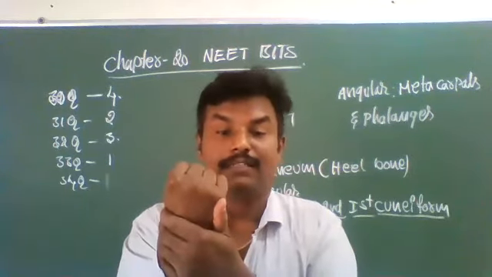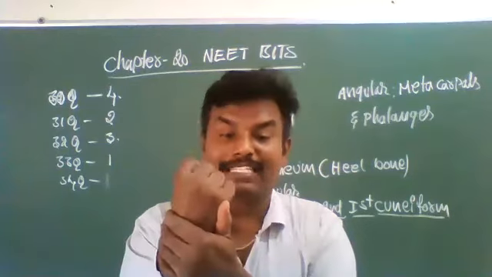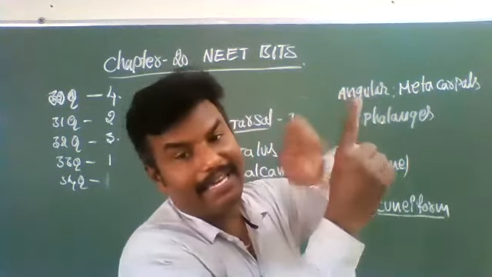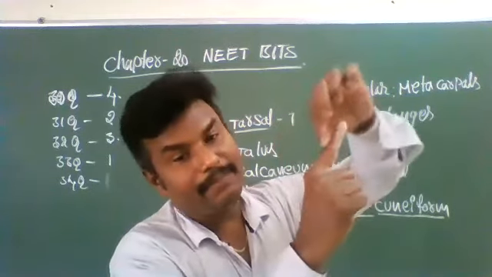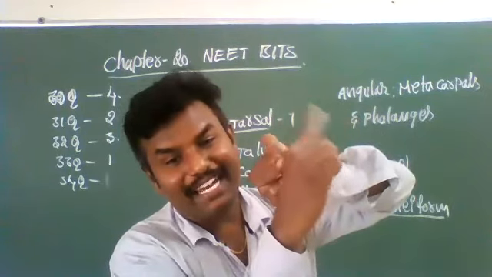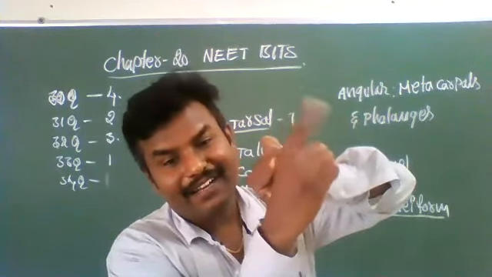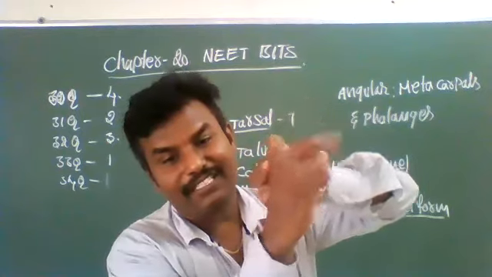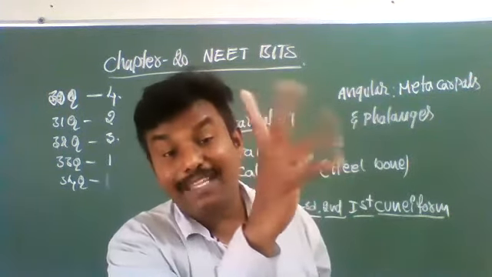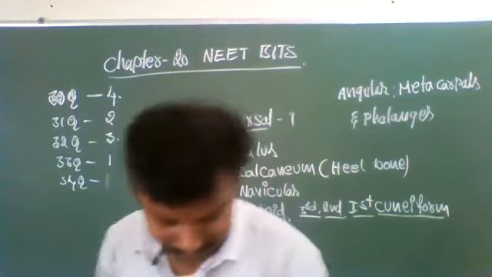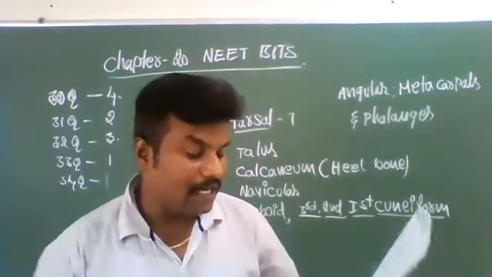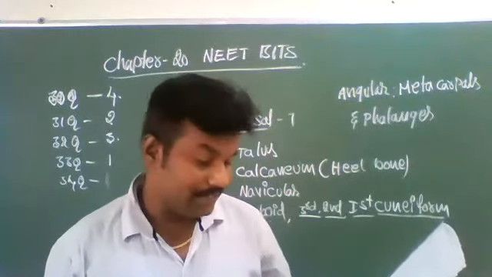And phalanges means digits. In between here and here, it will be there. That's why we can rotate our fingers, our hand fingers. That's why these are called angular joints. So the angular joint is present between metacarpals and phalanges.